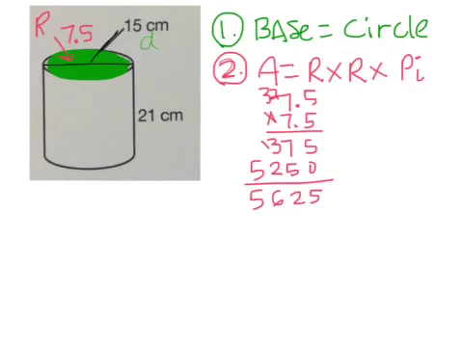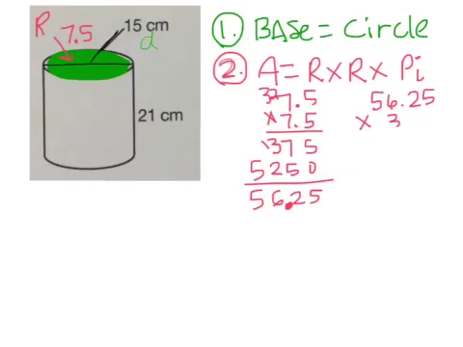So in my work, I also need 2 digits behind the decimal. Now I'm going to have to do that number, 56.25 times pi. Okay, I'm still finding the area of the base.